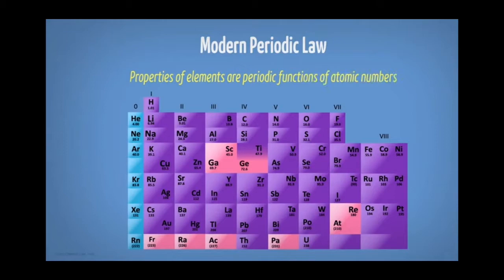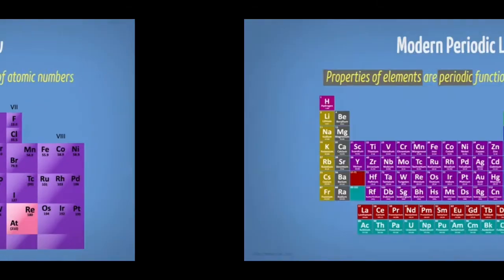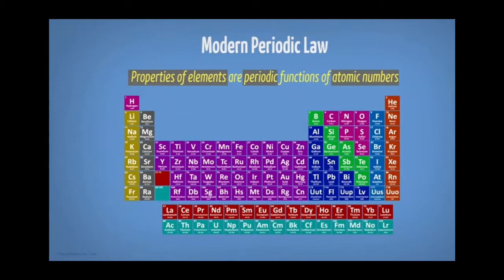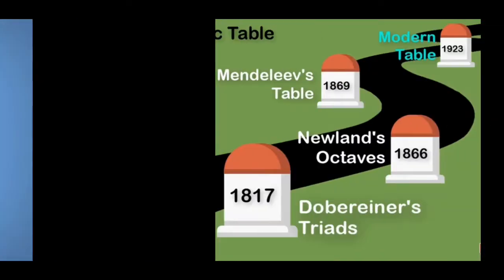The law states that the properties of elements are a periodic function of their atomic numbers. It means that the physical and chemical properties of the elements occur periodically when the elements are arranged based on their atomic numbers.